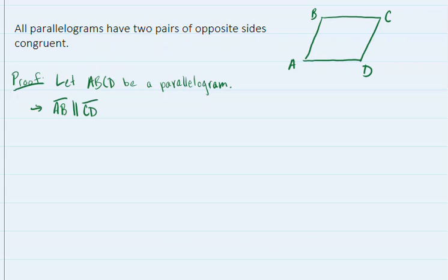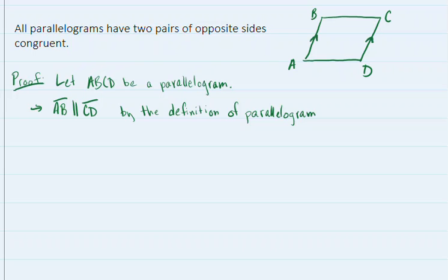So you're going to write that statement and you say AB is parallel to CD by the definition of parallelogram. And you might say, well, why didn't I use the other side? I just chose AB and CD just on a whim. You could have chosen the other one.